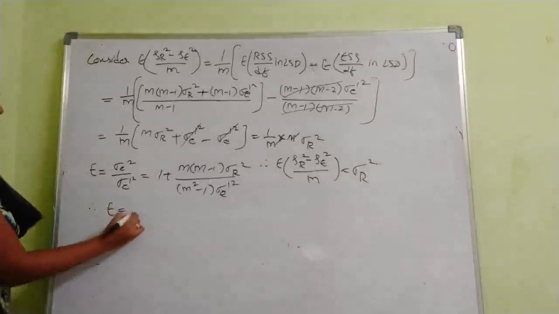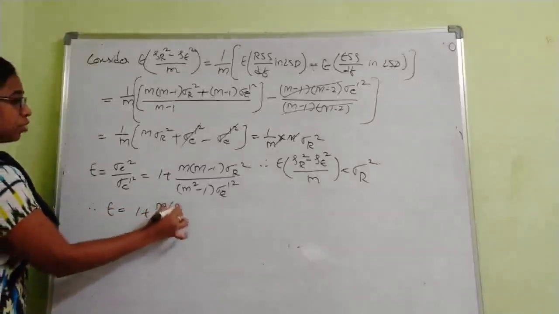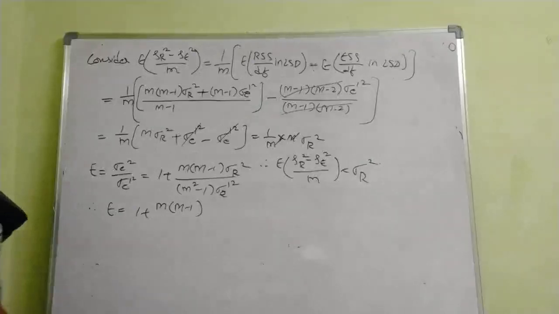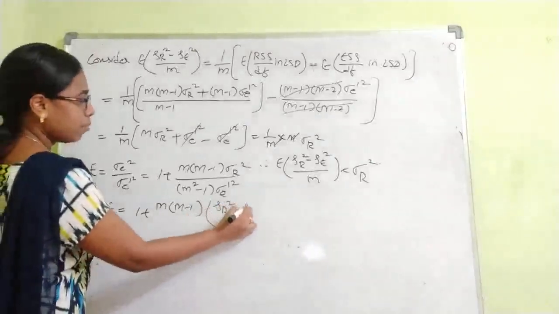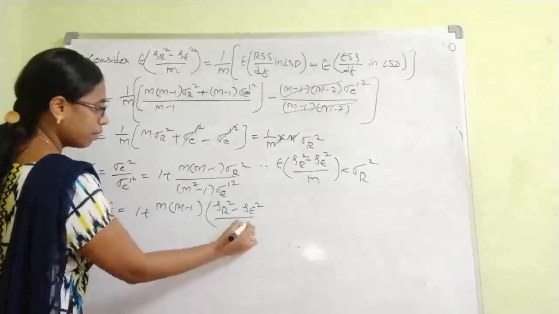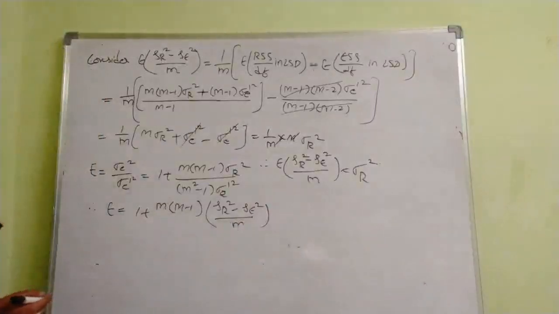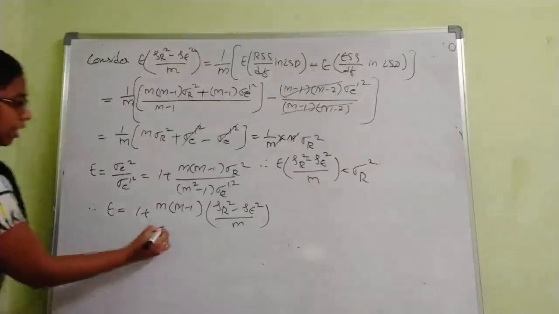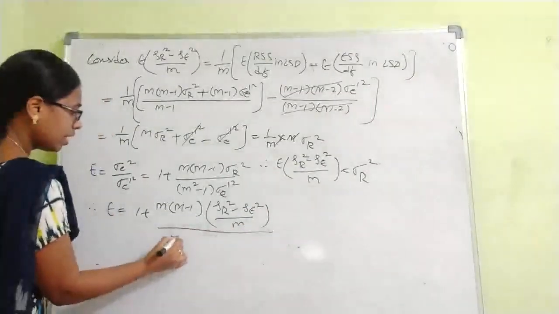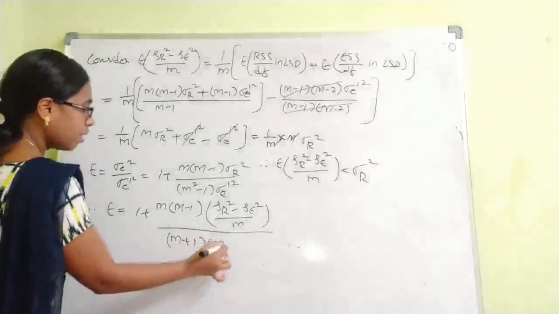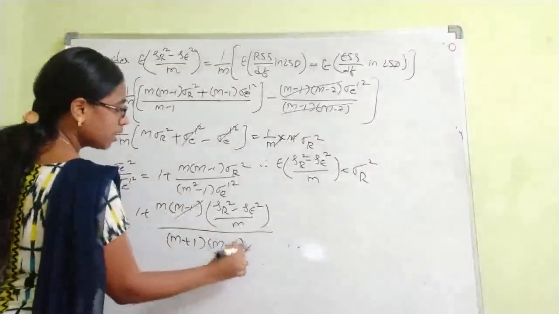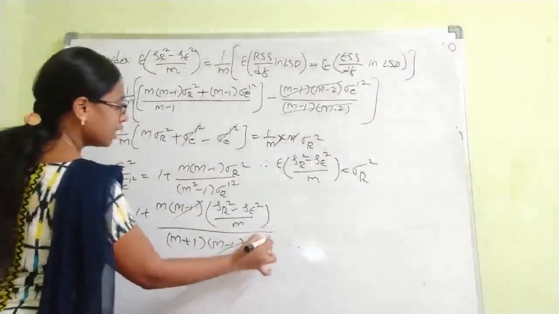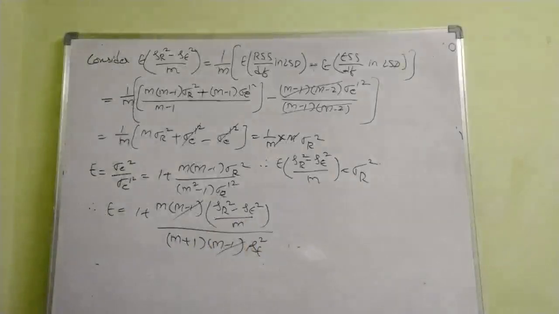Therefore efficiency is equal to 1 plus m into m minus 1 times sigma r square, which is SR square minus SE square by m, divided by m square minus 1, which can be written as m plus 1 into m minus 1, so that m minus 1 gets cancelled. In place of sigma e dash square we are writing SE square. Now simplify this.